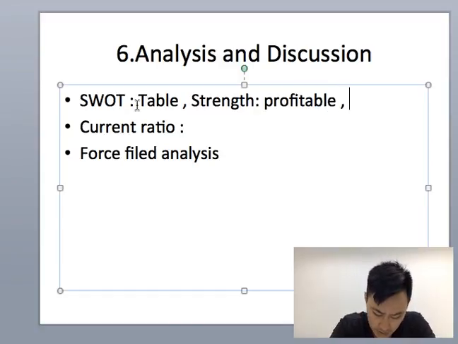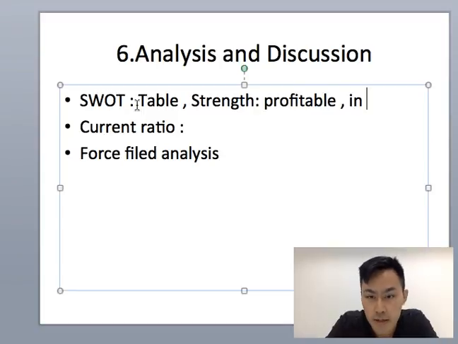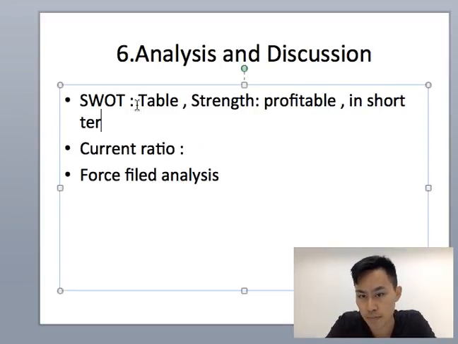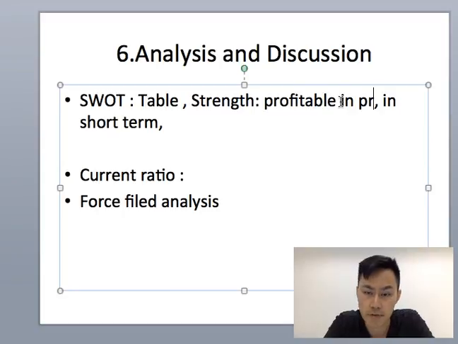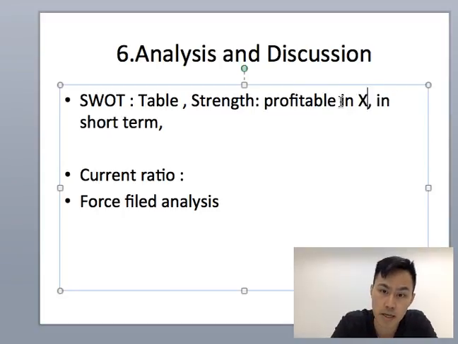So you have to mention why they're profitable. For example, you can say in the short term, but in the long term, in the short term you have to specify the time, and also that they are profitable specifically in X product.